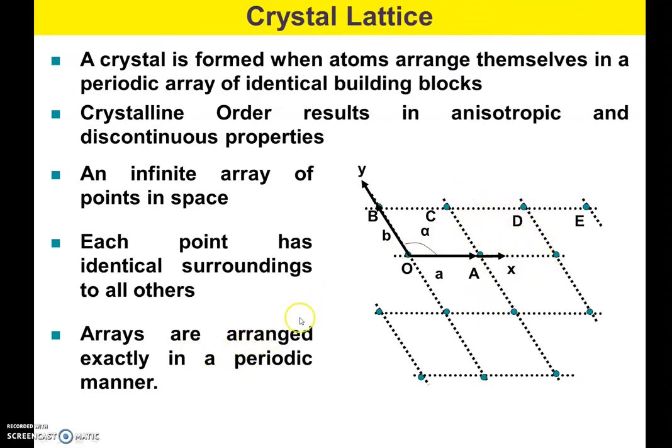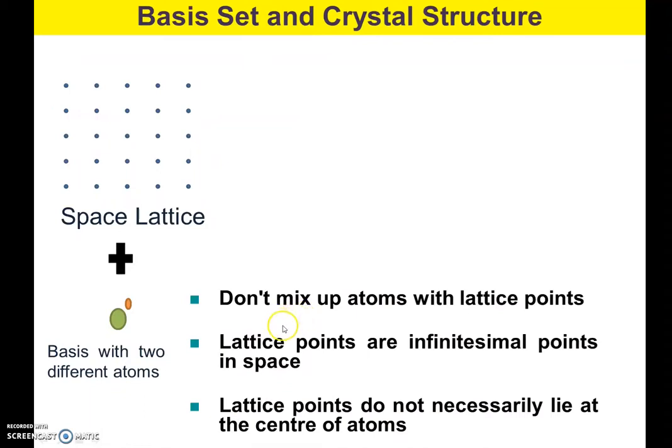Okay? So once we start looking at this problem mathematically, we are looking at two things. We have a space lattice, which is just these points located in space, and then there is something called a basis. Okay? And this basis is the identical group of atoms present in a structure. Suppose you have a basis with two different atoms, and this is your repeating unit.